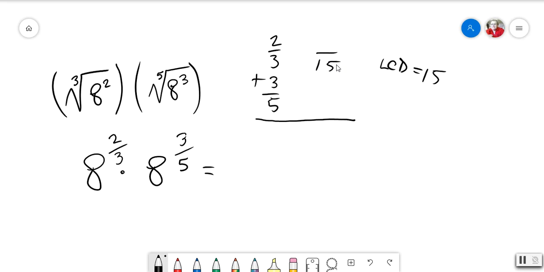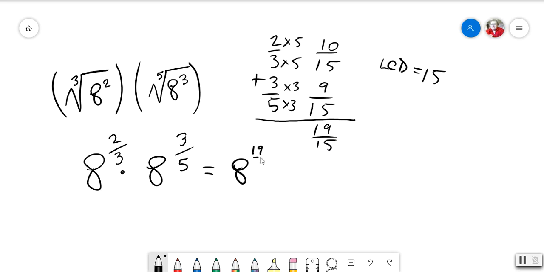So 3 times 5 is 15, so you multiply the numerator by the same thing. 5 times 3, 3 times 3, 19 fifteenths. So that would be 8 to the 19 fifteenths, which would be the 15th root of 8 to the 19th.